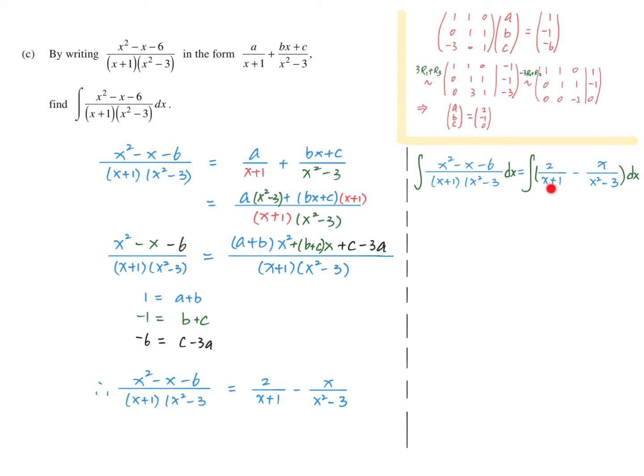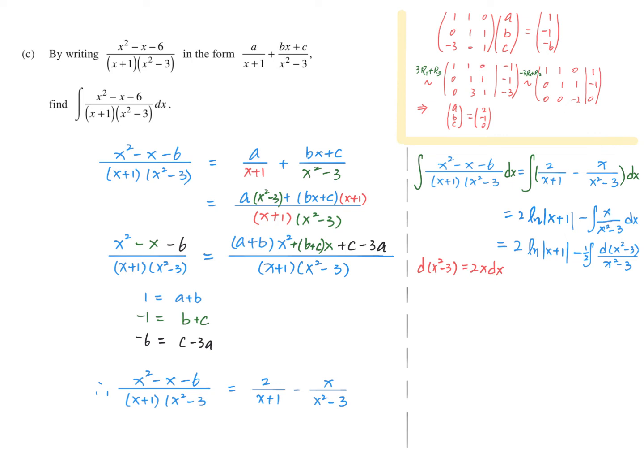Integration of 2 over x plus 1 is simple. We know that it equals 2 log x plus 1. But integration of the second part, x over x squared minus 3, is tricky. But we know that d(x squared minus 3) equals 2x dx. We have x dx.